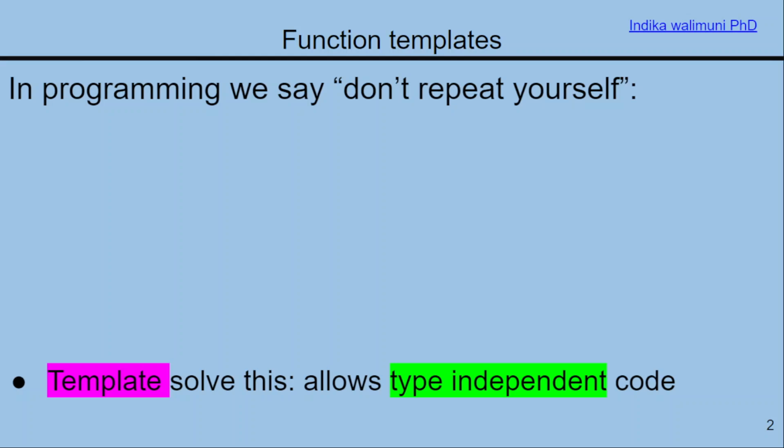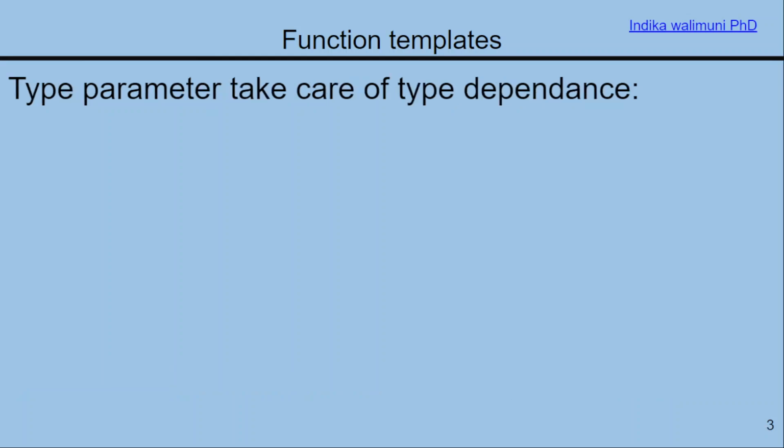Basically, you can take out the type dependence of your code by writing templates, and I'm going to show you how. We perhaps have so far used template code, right? But we didn't write our own functions or classes. So in this lesson, we're going to learn first how to write our own function templates and then class templates.